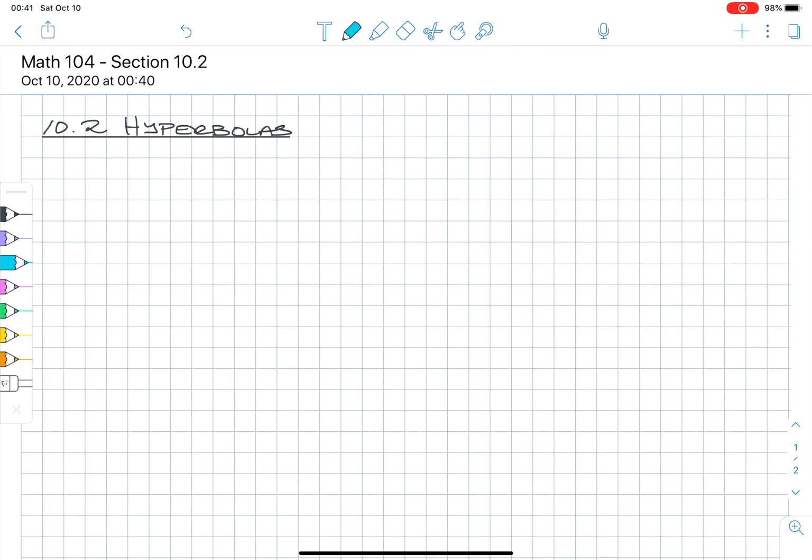Okay, so definition. What is a hyperbola? Sometimes it's given as an hyperbola.